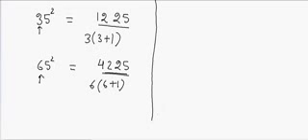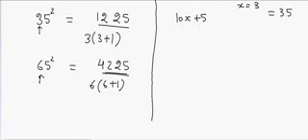Suppose we have any number which ends with 5, so that number can be written as 10 into x plus 5. So if x is equal to 3, then this number will be equal to 35, right? Suppose we have 10x plus 5 and we want to square it.